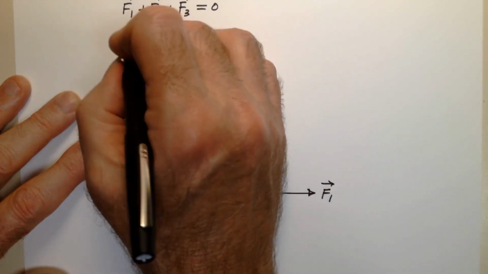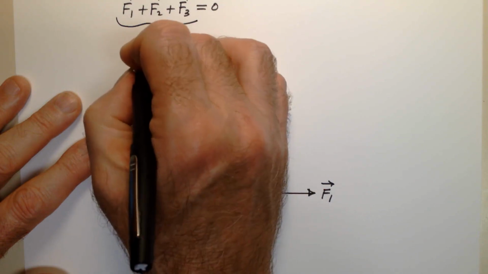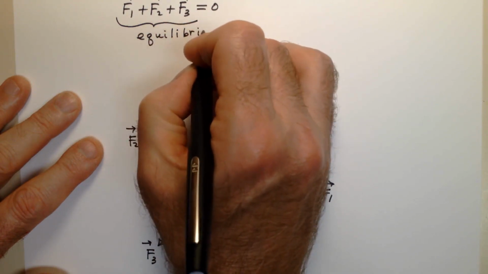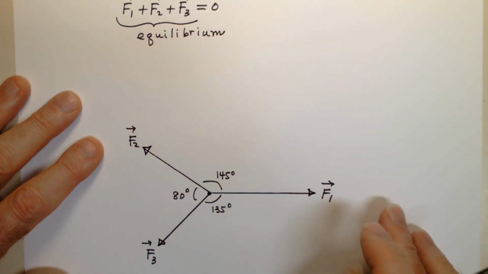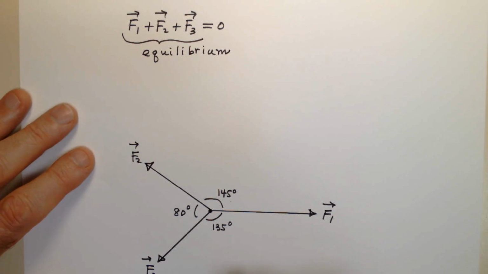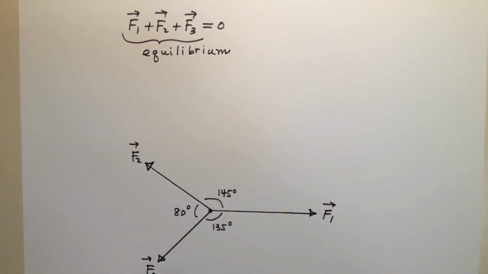Okay, this is the condition of equilibrium. If the sum of these forces was not equal to 0, this thing would be moving in some direction in response to that unbalanced force. So the condition of equilibrium is that these forces add up to 0.